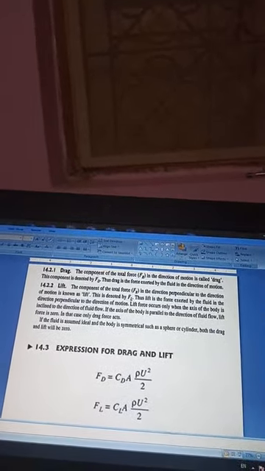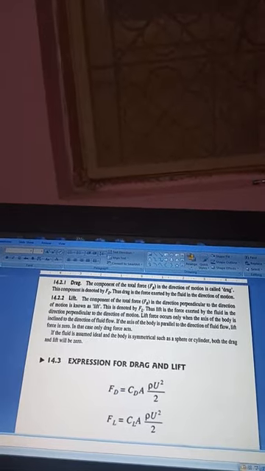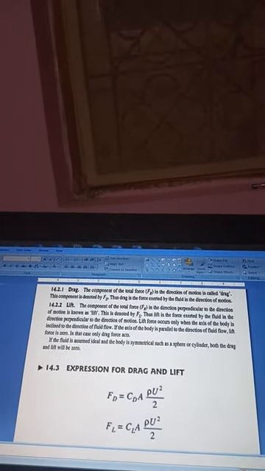So first, the drag force is simply given by area into the stress, but here the stress is expressed in terms of some quantity, that is given by rho u square by 2.